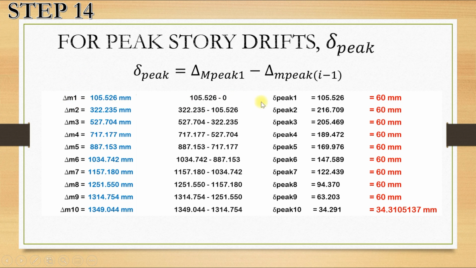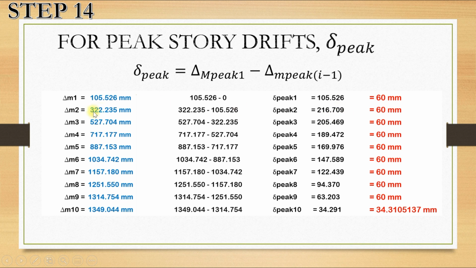Dito naman sa delta M2 which is equal to 322.235 mm, iminus natin yung value ng delta M1. So, doon sa delta M1 natin, since nag-minus ng 0, the same pa rin yung magiging peak story drifts niya doon sa delta M1. Dito naman, magiging value niya ay 216.709.